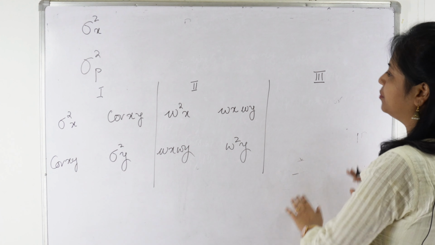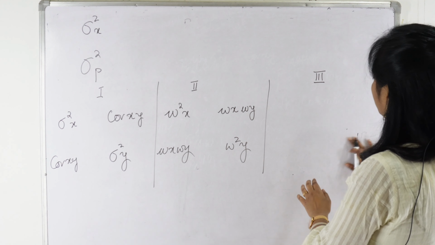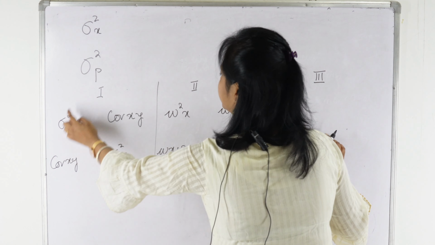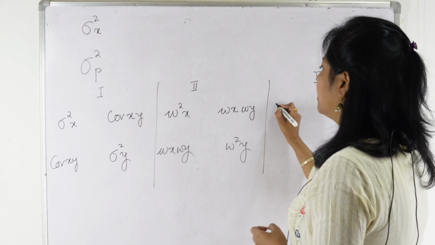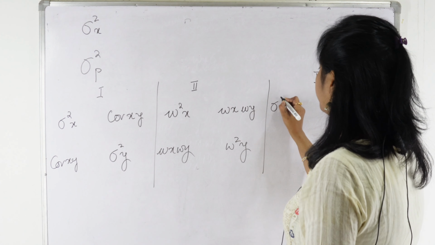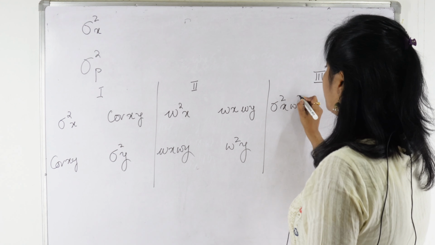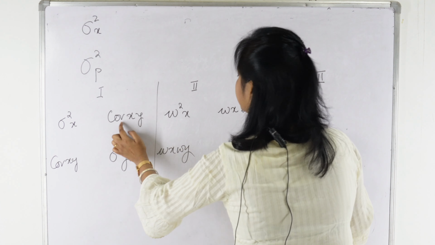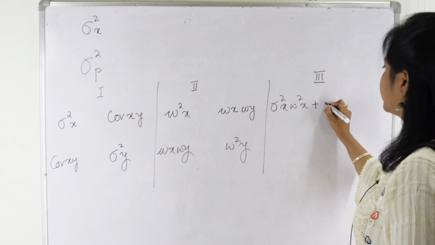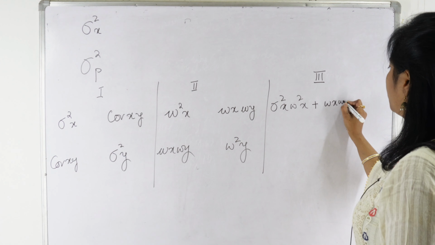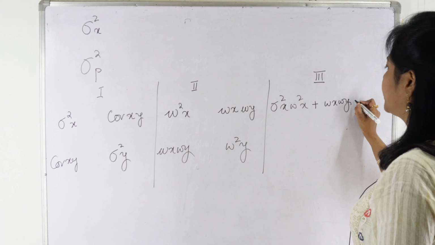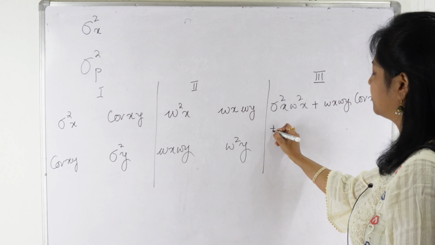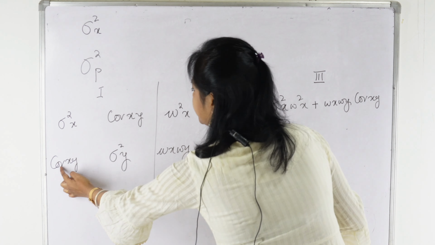Now in the third column, this is the final column, this is the result column, this is what you have to do. I will first multiply this with this. So I get here variance of x multiplied by the weight squared of x, plus I will multiply this with this. So I will write weight of x into weight of y, covariance of xy, plus I will multiply this and this.